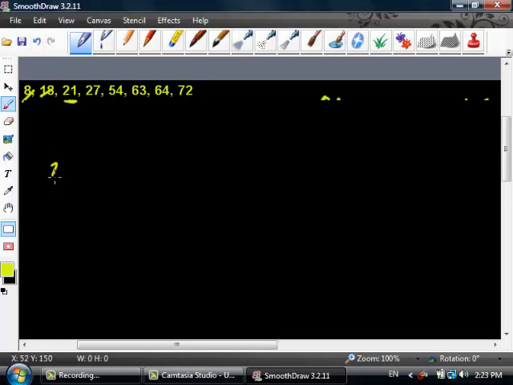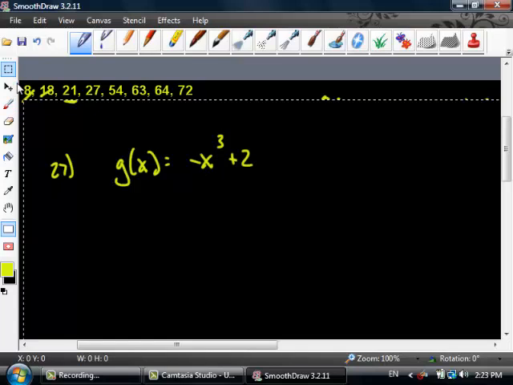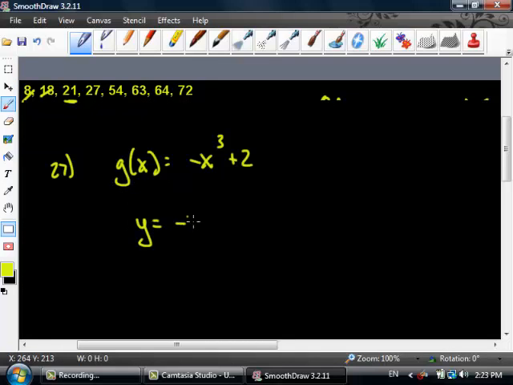Okay, 27. Find the inverse of each function. g of x is equal to negative x cubed plus 2. When you are finding the inverse of a function, replace your f of x or g of x or h of x with y. And that equals negative x to the 3rd plus 2. Now, when you are finding the inverse, first thing you do is you switch x and y. So I get x equals negative y cubed plus 2.